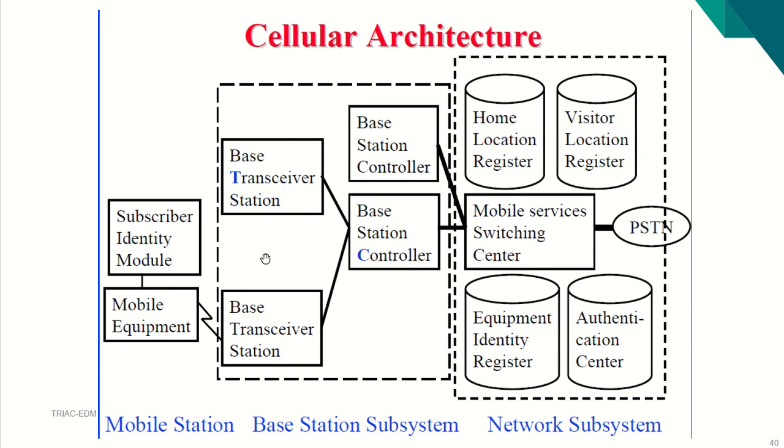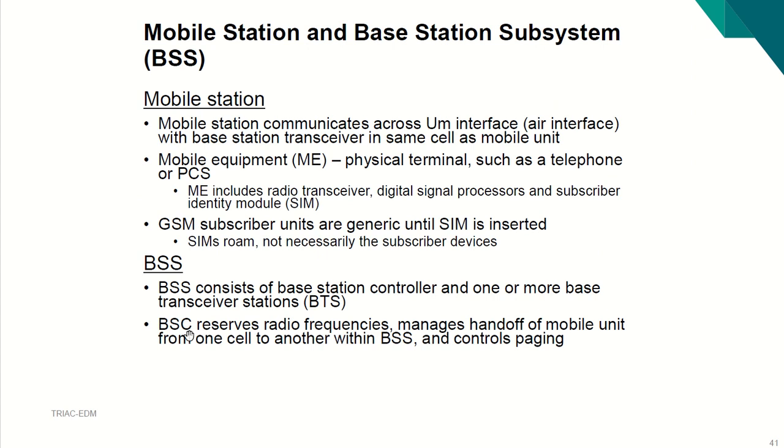For example, this one is taking care of a couple of users, and this one could be taking care of a couple of users. The BSC reserves radio frequency, manages handoff of a mobile unit from one cell to another within the BSS, and controls paging.